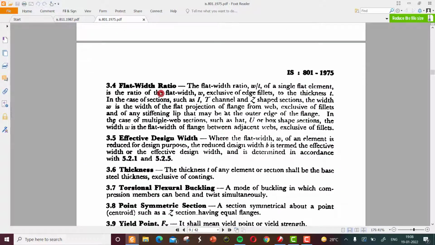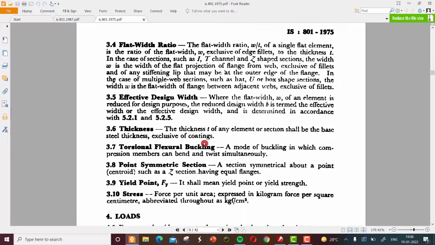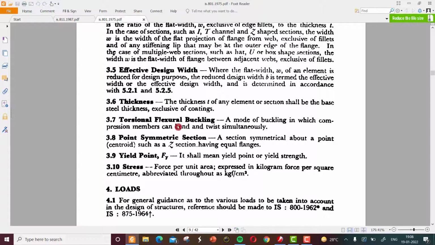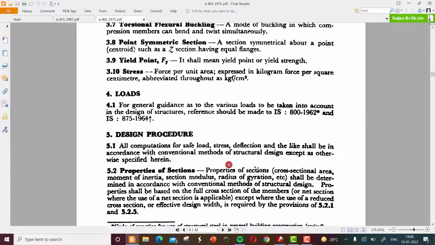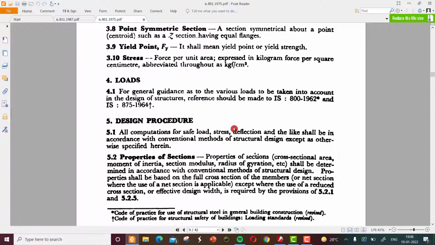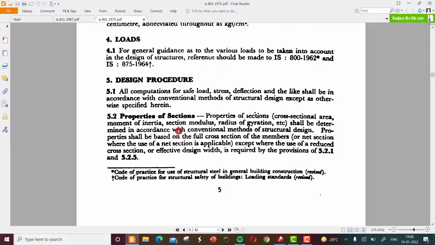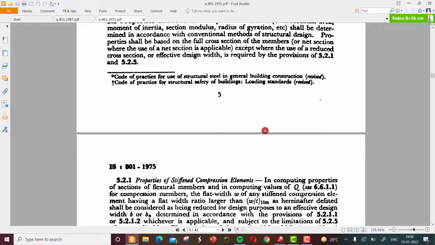We already went through the flat width ratio, effective design width, thickness, and terminologies like torsional flexural buckling. Stress, all things we went through, and the design procedure, the properties of sections.